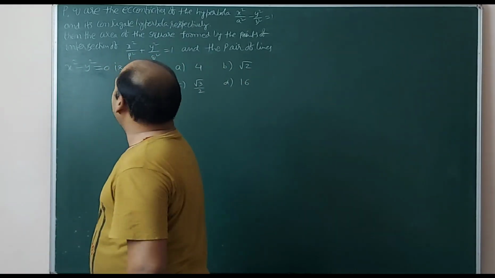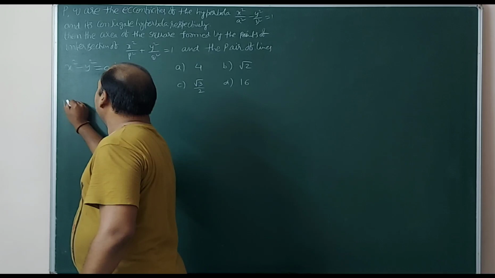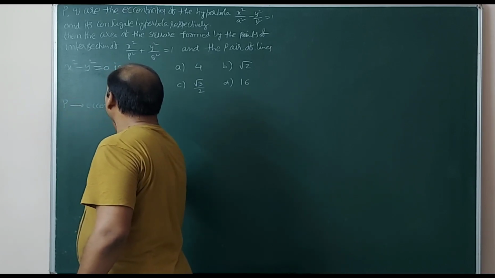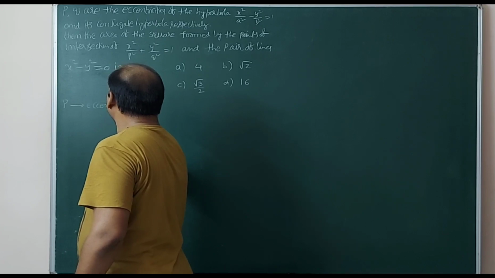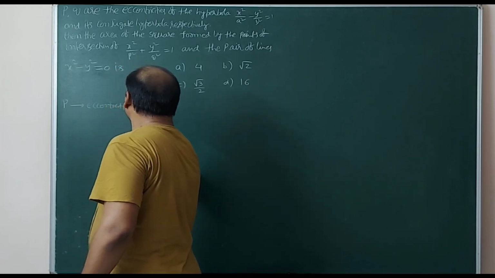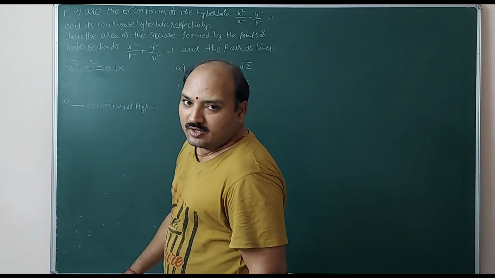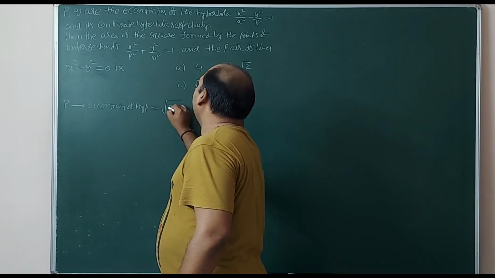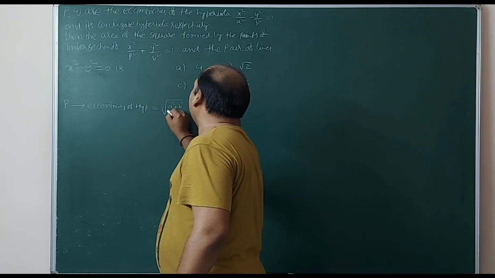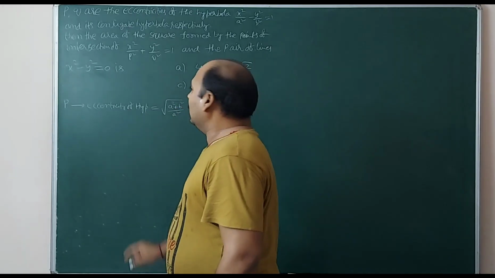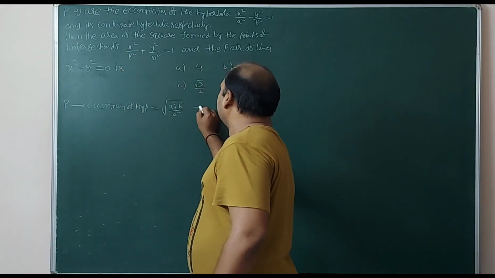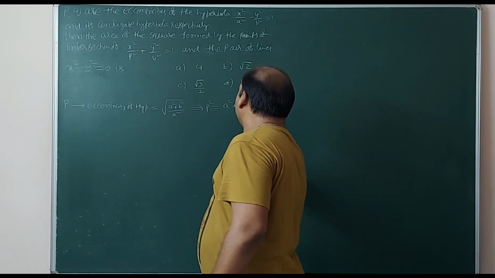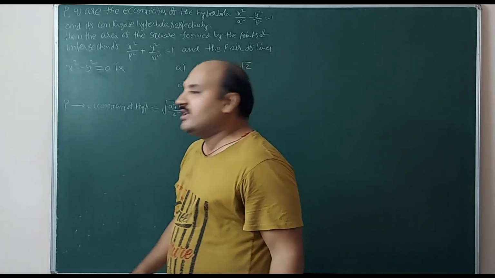So now what I am doing is, p is the eccentricity of the hyperbola. What is the eccentricity of a hyperbola? Root over a square plus b square divided by a square. Here p square is required, so p square is equal to a square plus b square divided by a square.